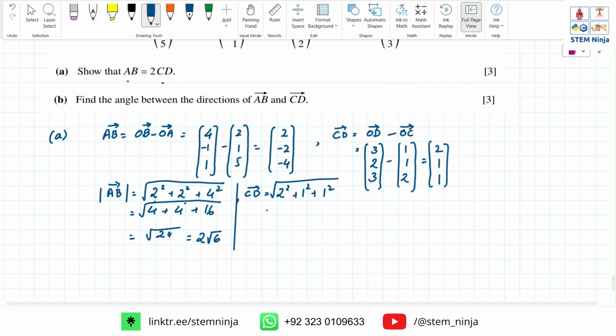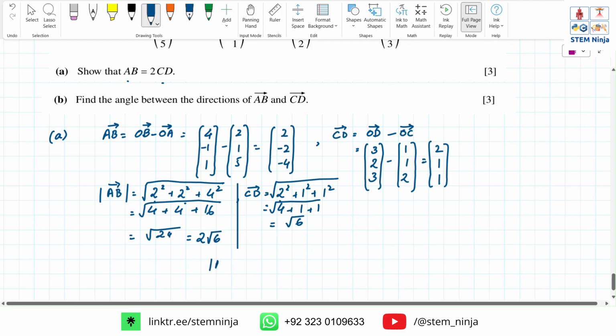This one, on the other hand, 4 plus 1 plus 1, that is root 6. So as you can see, the magnitude of AB is therefore 2 times the magnitude of CD, or the length way.